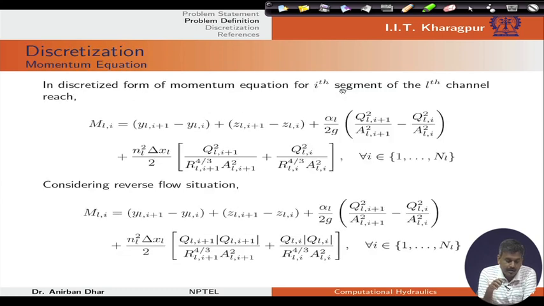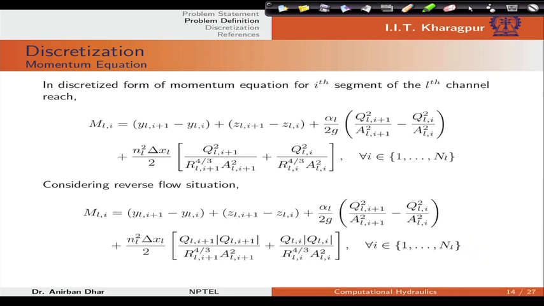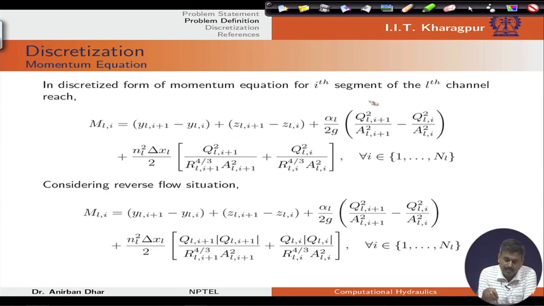Now, if we discretize our momentum equation, this is somewhat different compared to the discretization that we discussed in our previous lecture class. In our previous lecture class, we considered this as Q squared by A squared, Q squared by L squared.